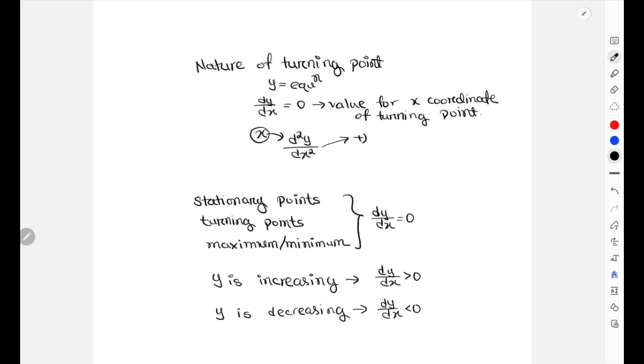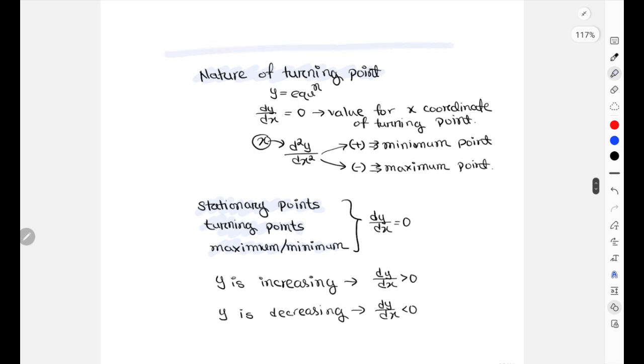If it turns out to be positive, then that value was for the minimum turning point, and if it is negative, then it is for your maximum turning point. These are very important things to remember for tomorrow's exam, because they will certainly ask at least one question regarding these concepts. So I will just draw a box around it.